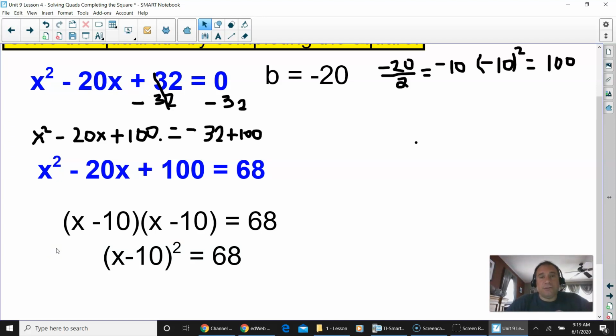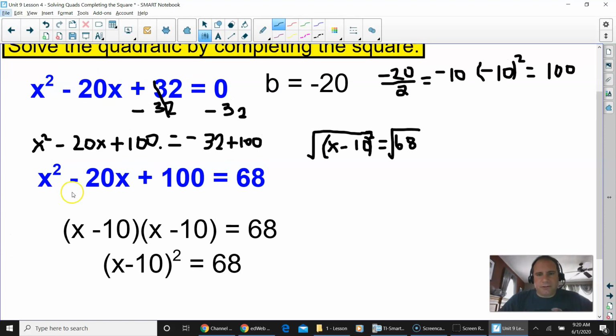And what do you do to undo a square? What's the inverse operation of squared? Square root both sides. In my atrocious handwriting, we have x minus 10 squared equals 68, and you square root both sides to get rid of the square and the square root. So what you do have is x minus 10 now outside the radical.